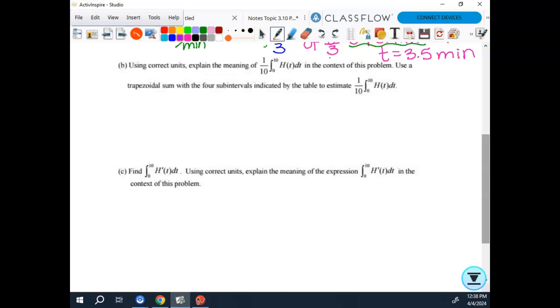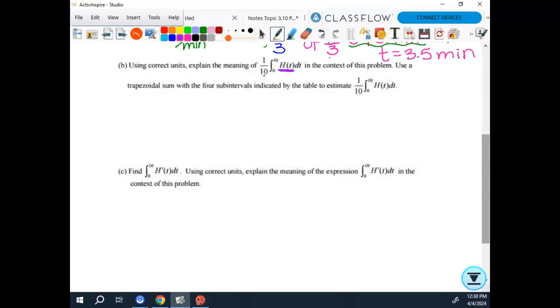If I'm going from 0 to 10 and I'm multiplying by that 1/10, that's going to be an average one, right? And it's always the average of whatever this is. So like if I integrate velocity, I get position, right? But if I integrate velocity and multiply it by that 1/10 or whatever on the outside, I'm getting average velocity. So it matches whatever this is.